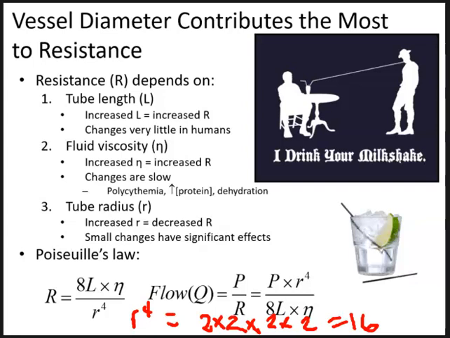And a decrease in resistance causes a proportionate increase in flow, because we can see flow and resistance are also inversely proportionate to one another. So this is huge. Small changes have significant effects due to this formula. So we know that radius definitely has more of an effect with regards to resistance, and thus with regards to flow.